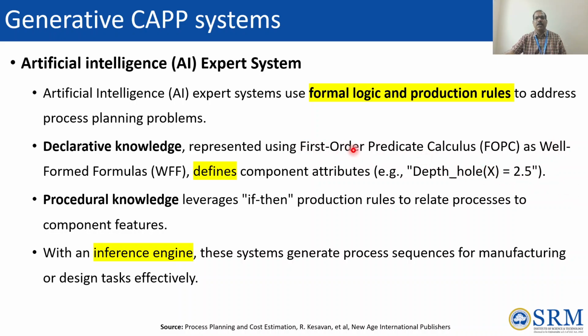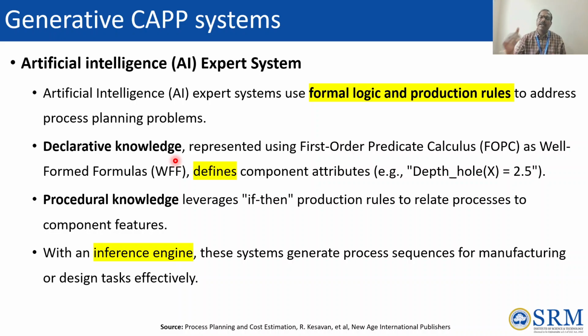First-order predicate calculus has well-formed formulas, like WFF, like this declarative knowledge, where we define attributes, the features of the particular product we receive. How much depth? What does depth mean? Whether it's a slot or maybe an undercut or something, but depth underscore hole.